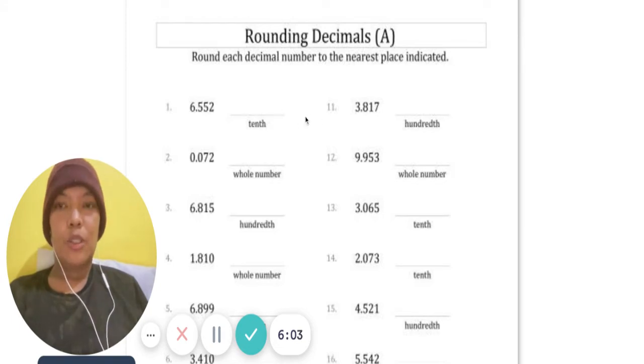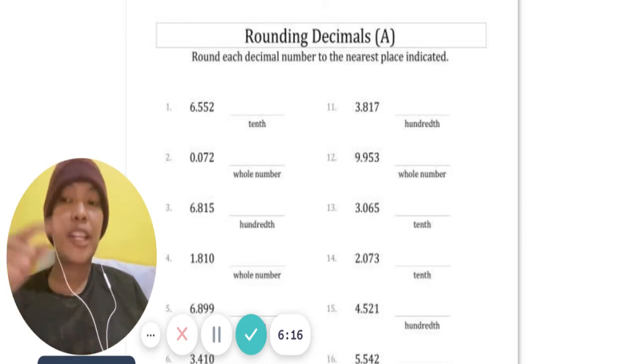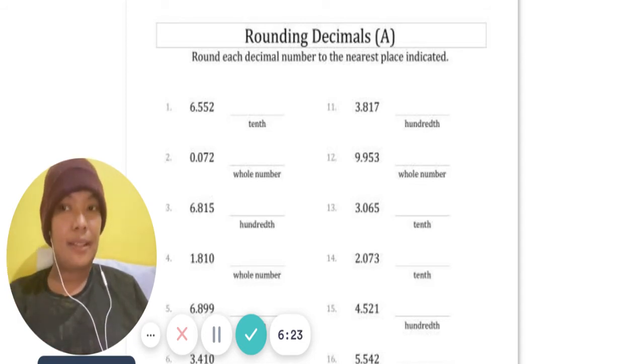Okay, so please do write our answers para we can check if we are right later on because I will show you the answer. So all these worksheets, you can locate this over the net. Nasa description box ko po yung mga link. Okay?